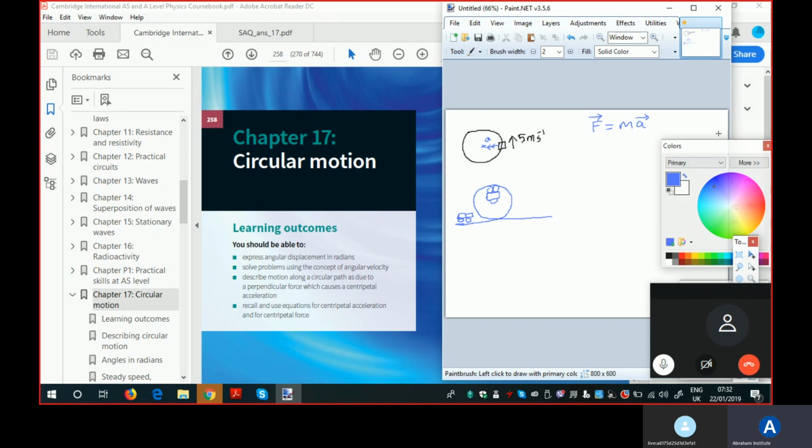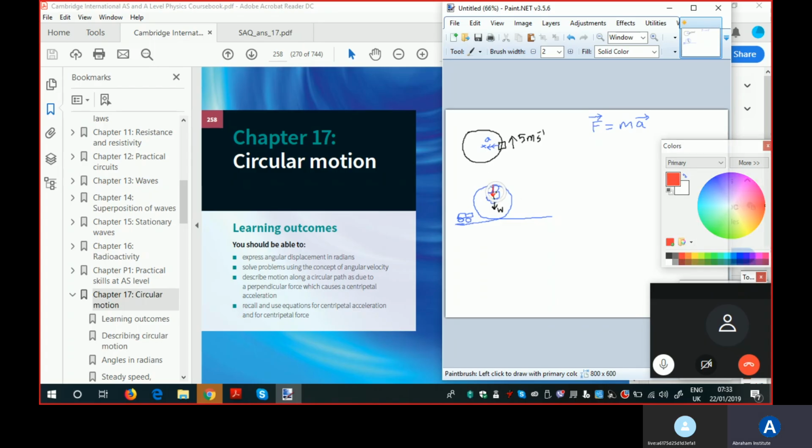Now what will happen? There will be two forces acting downwards on the vehicle. One of the forces is its weight. So there will be a weight force which is acting down like this, due to gravity, the gravitational pull, also called the weight. And then there will be another force which is the normal contact force.